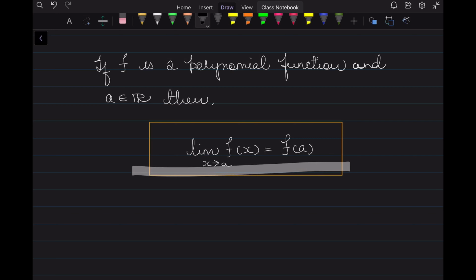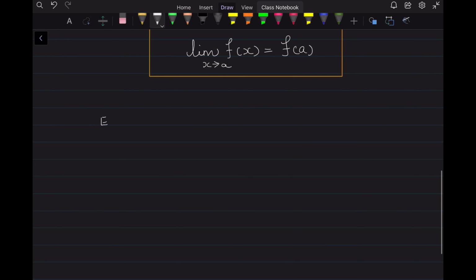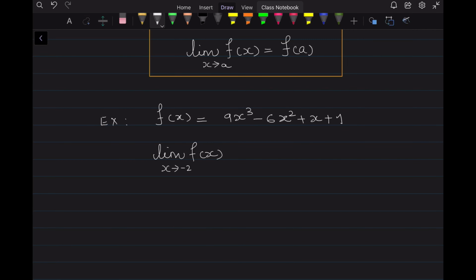Now once we have learned this property, determining the limit of a polynomial function as x approaches a is not a big deal. So for example, if you have a function, say 9x cubed minus 6x squared plus x plus 1, and suppose you have to determine the limit of this function as x approaches minus 2. Now, we know that this is a polynomial function, so I can determine the limit as x approaches minus 2 by applying the direct substitution property.